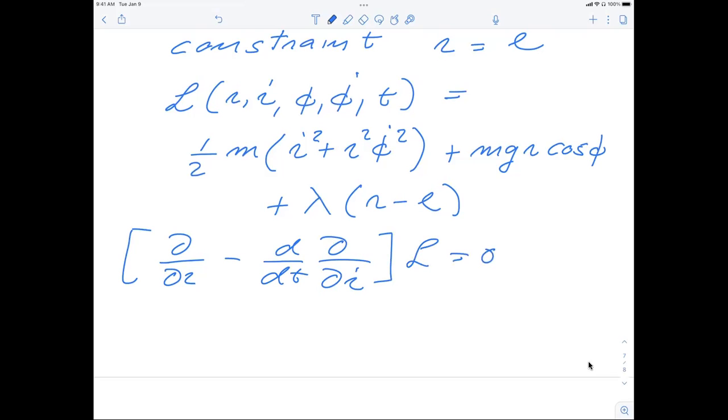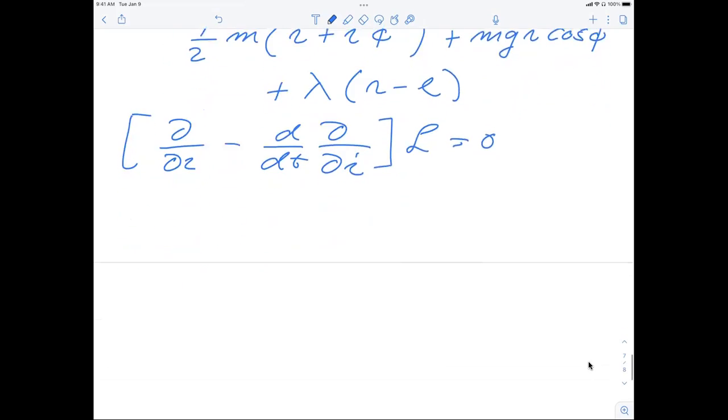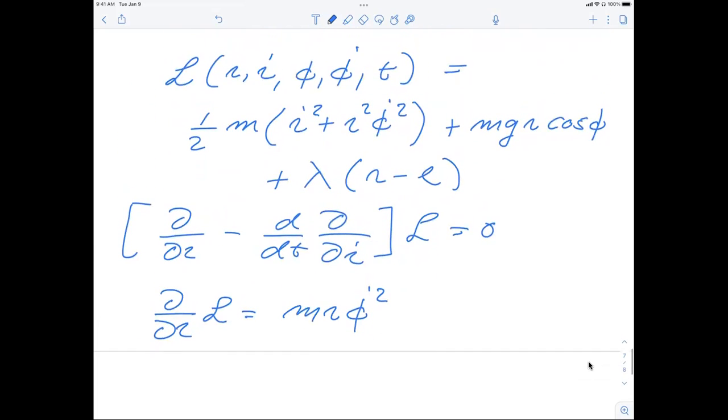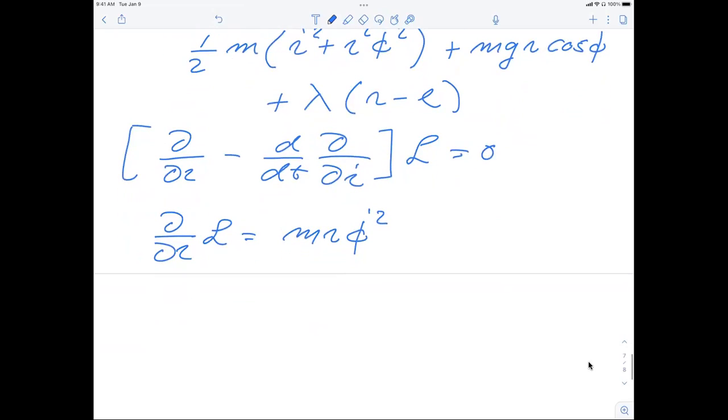If we do the mathematics, we get that dL/dr is equal to m times r times phi dot squared. That's the first term, because we have an r dependence here, and we also have an r dependence there. So what we get then is plus m times g times cosine phi plus lambda.